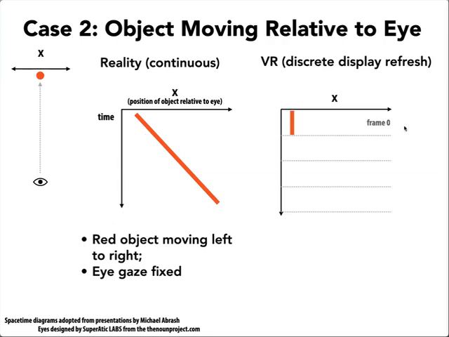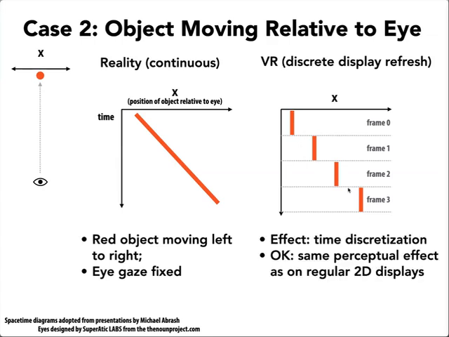We get a picture of the red ball at a particular location, so we end up with one spot here. At frame 1, it's moved over. Frame 2 is moved over. Frame 3 is moved over. So there's a bit of a difference here in the space-time drawing of where the light is coming from and going to the eyeball. Pretty big difference. So is this a problem?